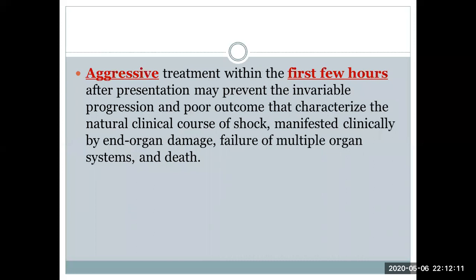Okay, moving on, the guidelines emphasize aggressive treatment within the first few hours of presentation, which might prevent the invariable progression and poor outcomes that characterize the natural clinical course of shock, manifested clinically by end organ damage and failure with multiple organ dysfunction.